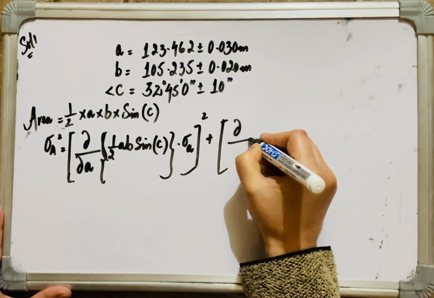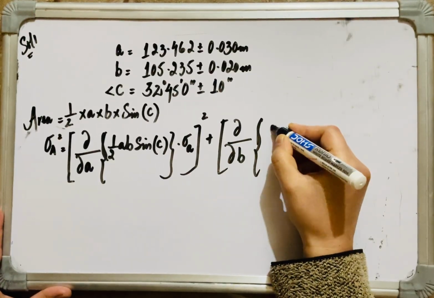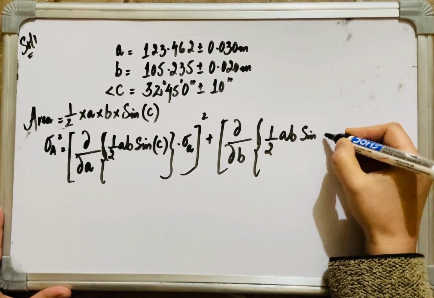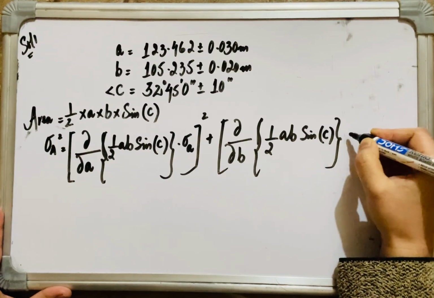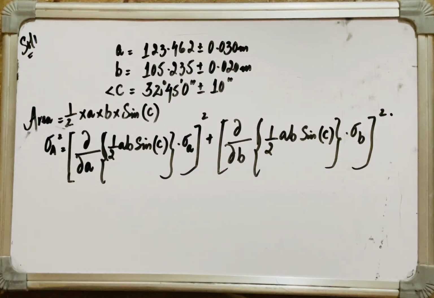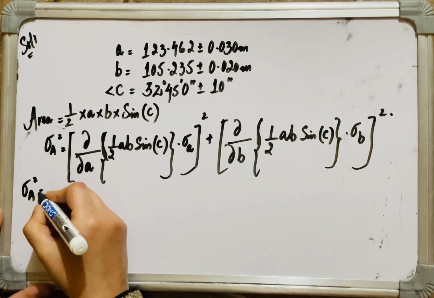Then we'll go on differentiating with respect to B, 1/2 of A sine C, standard error in the side B, square of it. All right, sigma A square is equal to how much?